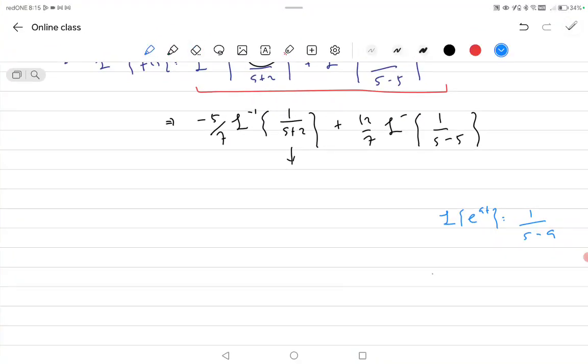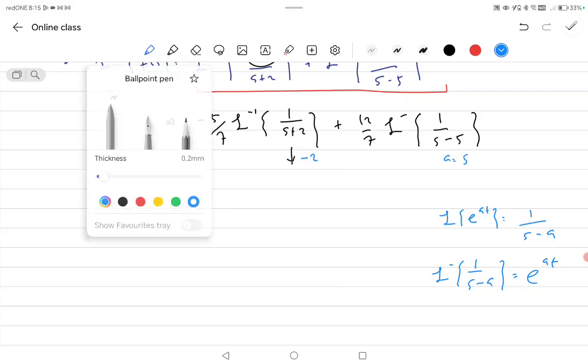So if we inverse Laplace 1 over (s − a), we got e to the power of at. Here a is minus 2, and in this one a is 5.